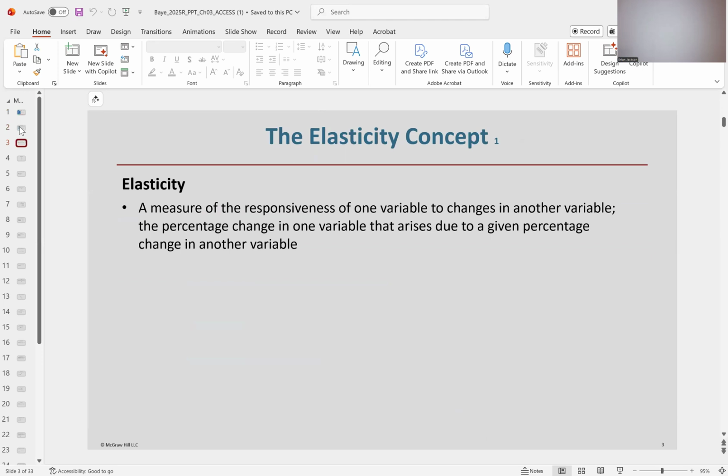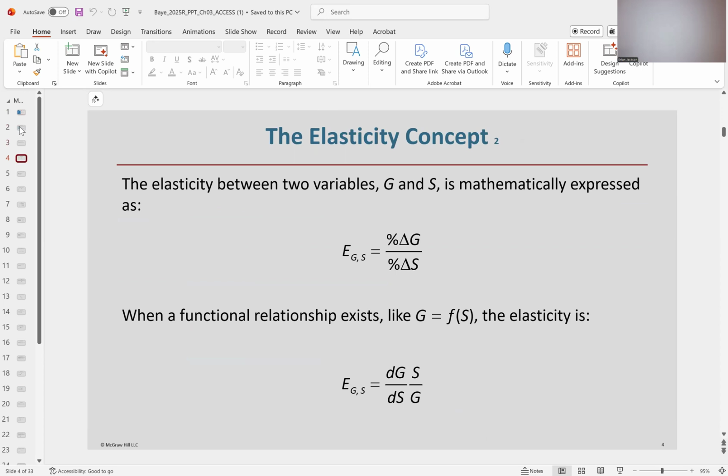But again, the elasticity concept measures the responsiveness of one variable to changes in another variable, or the percent change of one variable that arises due to a given percentage change in another variable. That first formula there should look familiar to you. We just talked about that.